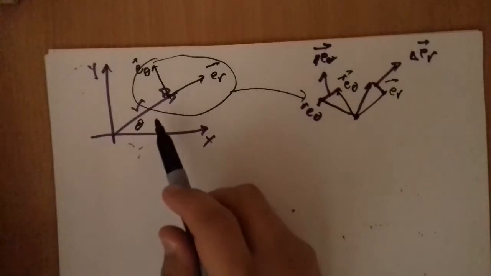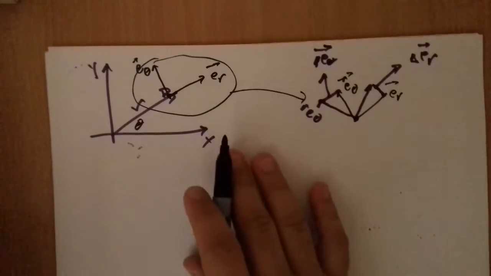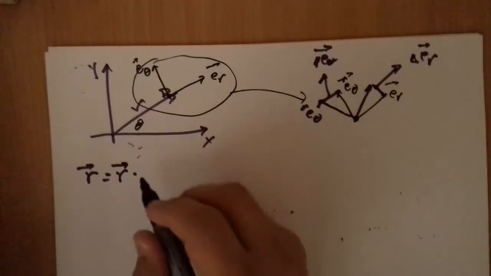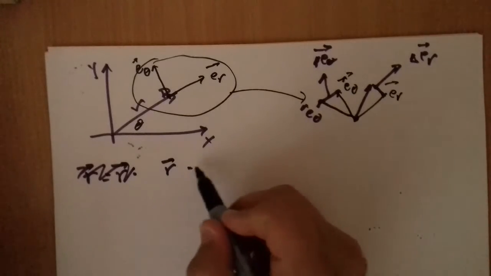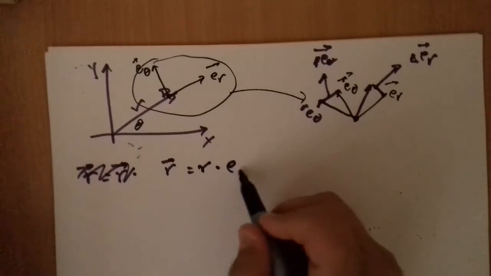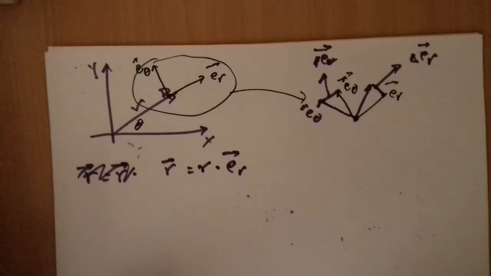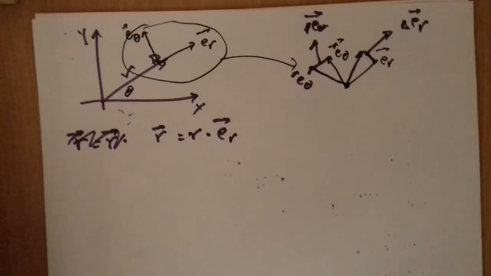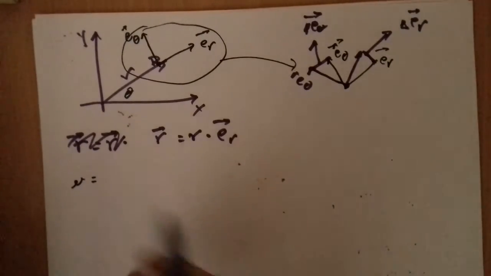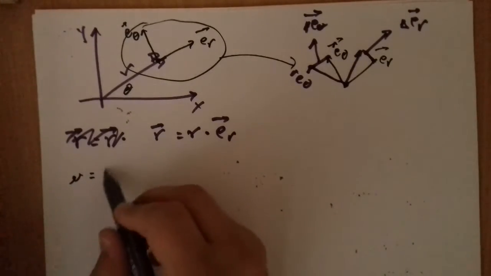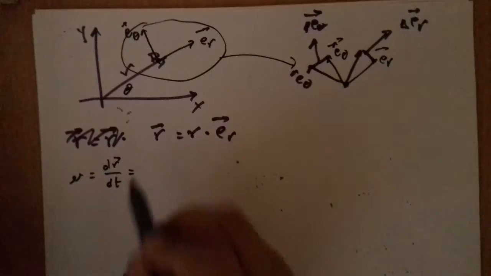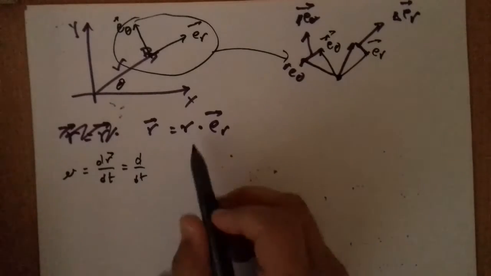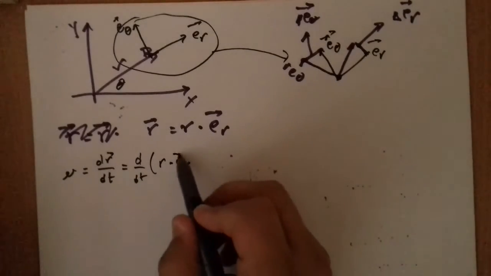And the position vector r is the r component times e r, the unit vector in this direction. So in order to find the velocity, we have to take the time derivative. So the time derivative is v, which is equal to dr by dt, which is equal to d by dt of r times e r.